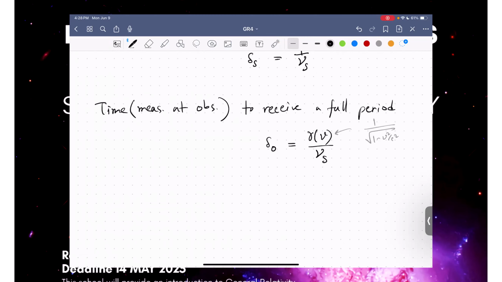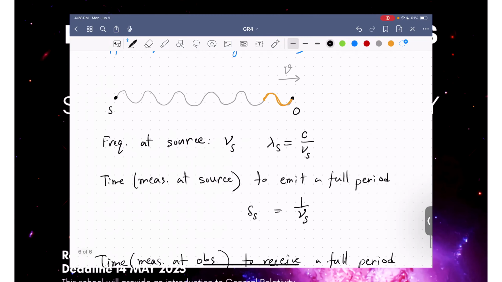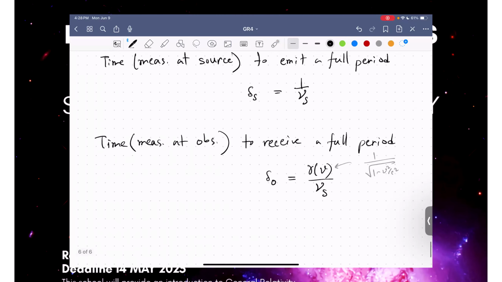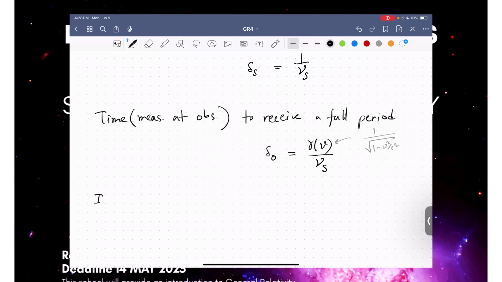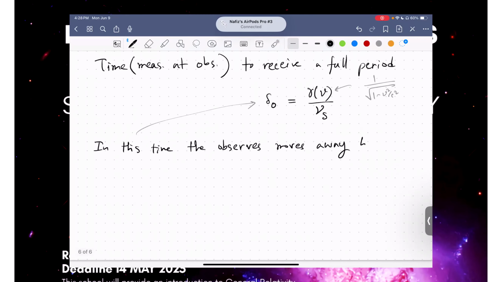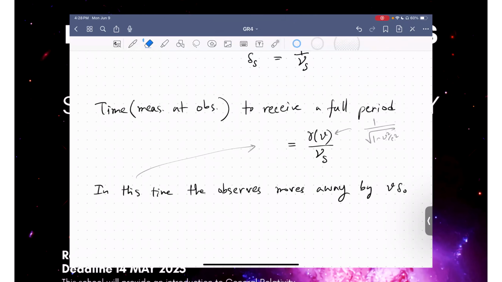The velocity is v, so in this time the observer moves away by velocity times this time. Let me change this notation slightly, and I will explain why. Let me call it T0.